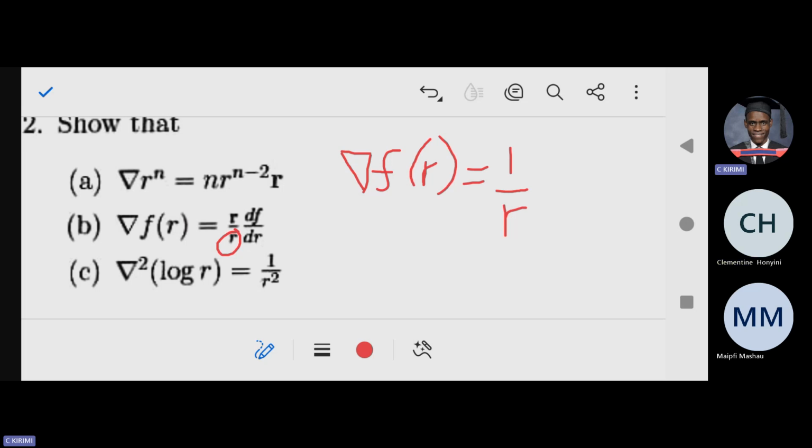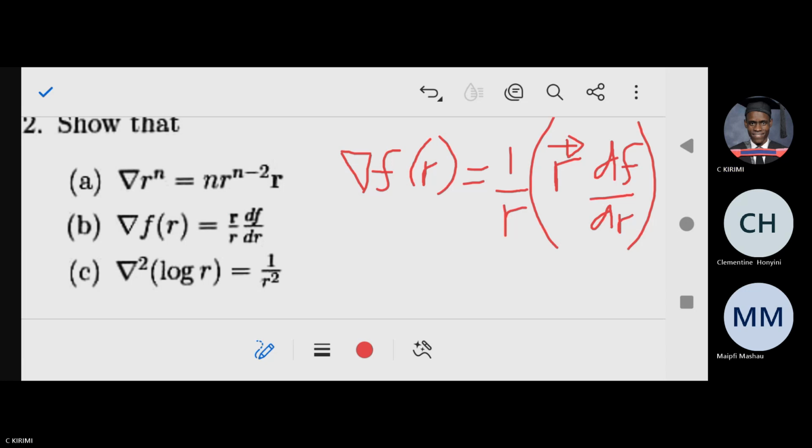Then the bold r is a vector, so it can be written as r as a vector like that. Then df/dr, if you want to see it clearly like that. You are allowed to separate it like that. Can you see it, class?